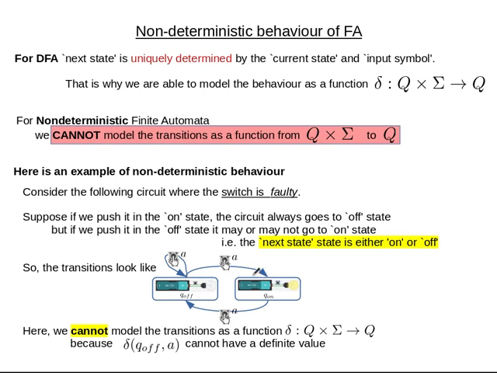You have this transition diagram, and you see, if you are in this Q off state and this input symbol is given, the next state is not defined if you try to model the transition function as this.